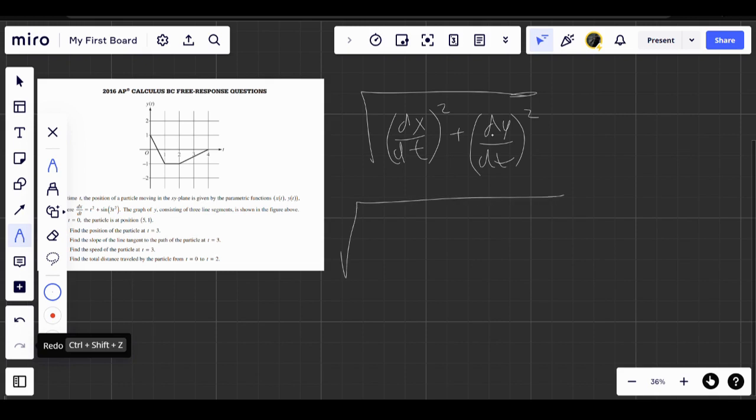So that's going to become the square root of 9.956 squared plus 0.5 squared, and we're going to get for our speed 9.969.